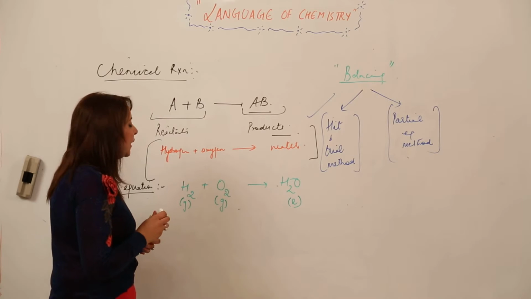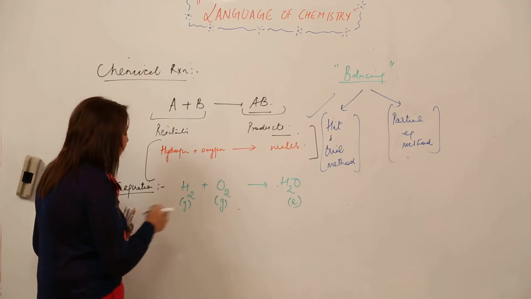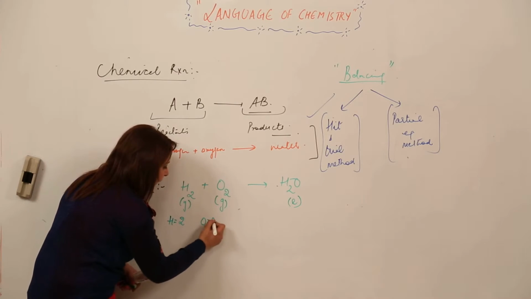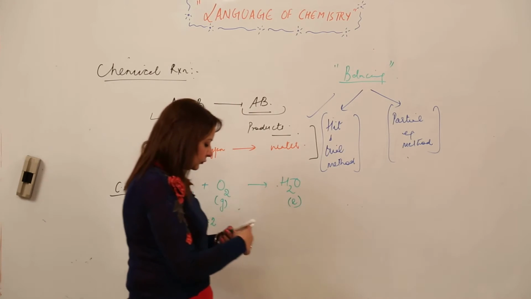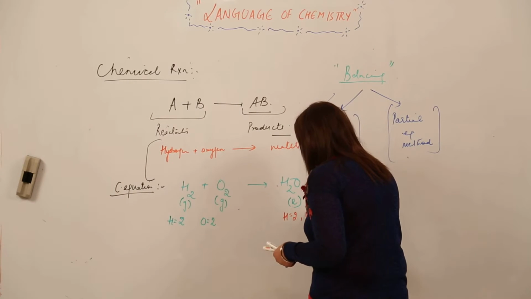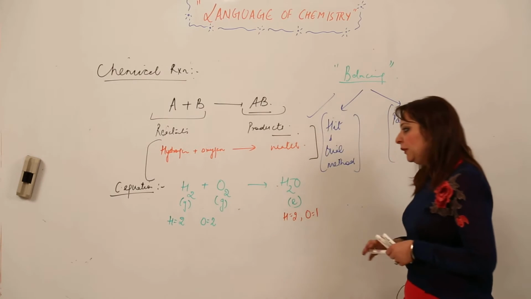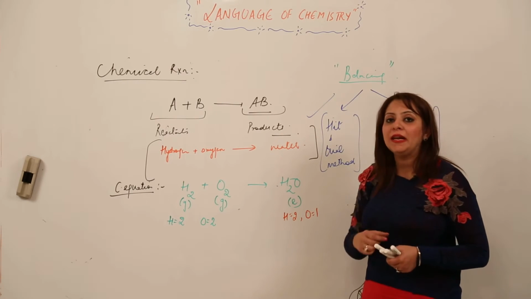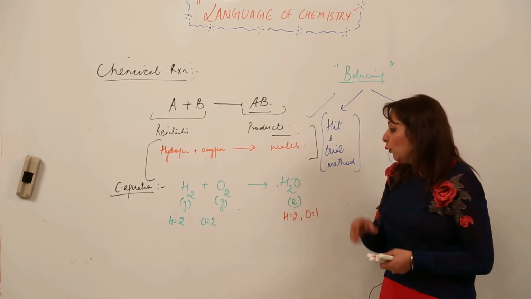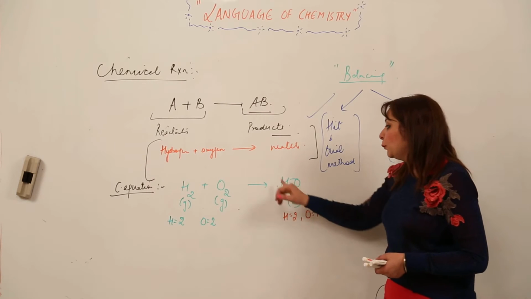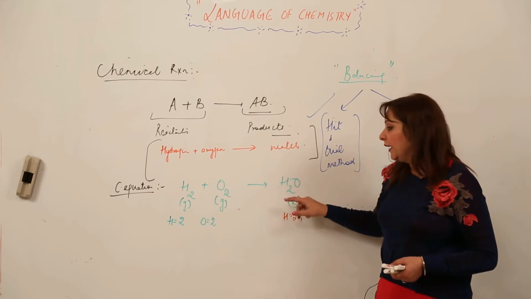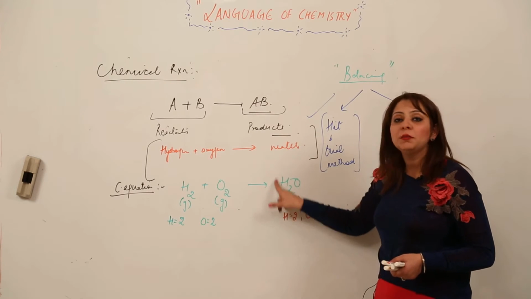For the hit and trial method, what we need to do is write the number of atoms on the left side. You get hydrogen 2, oxygen again 2. And on this side, hydrogen 2 and oxygen 1. So the hydrogens are the same, but we need to balance the oxygen. Here there are 2 oxygen atoms, and on this side only 1 oxygen atom. For balancing, we can put a number on this side, but not in the middle of a formula. It can be in multiples also.